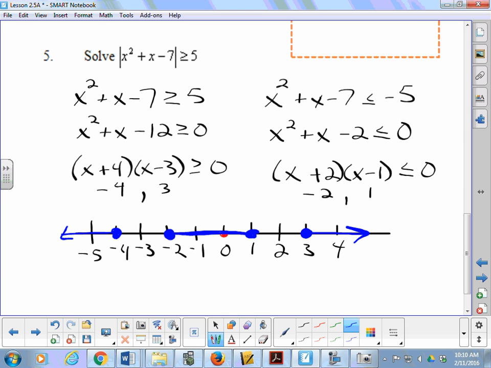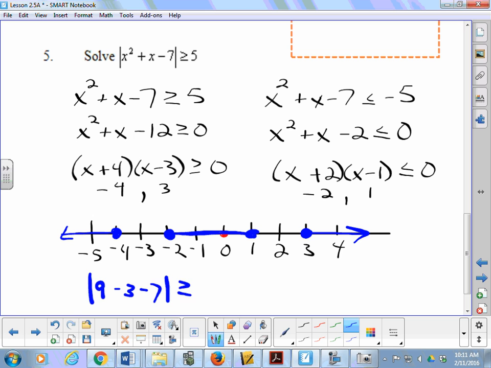So we're going to test -3 to see if it works, because it's between these two. And if that's the case, then it should not work. So -3, I put it in up here, and I get 9 minus 3 minus 7, absolute value.